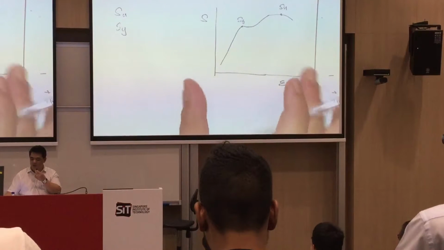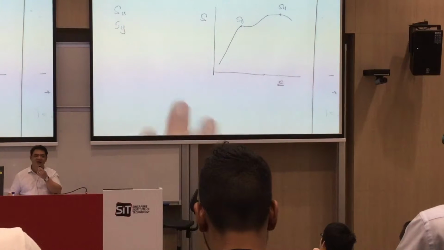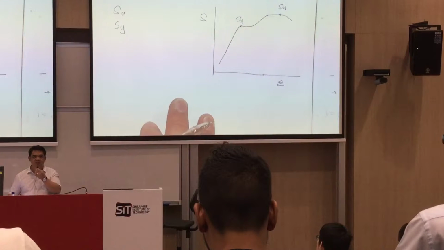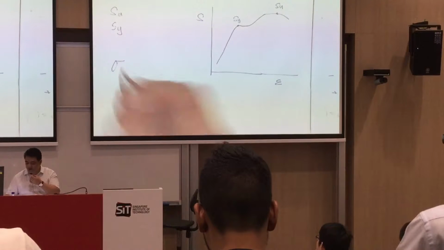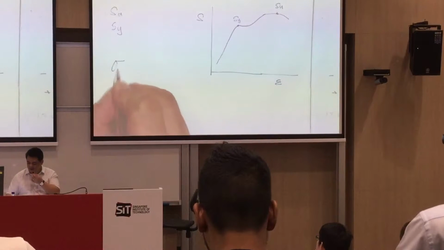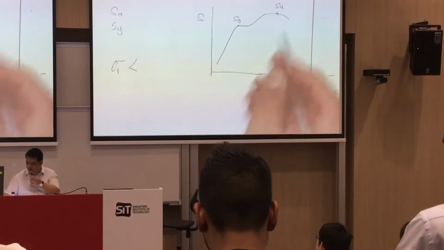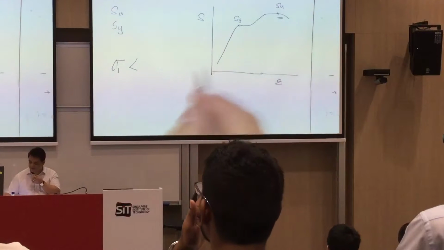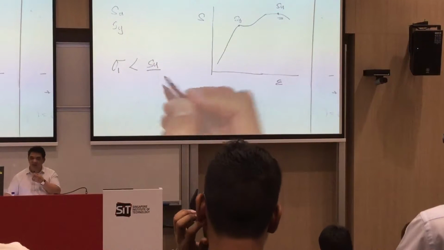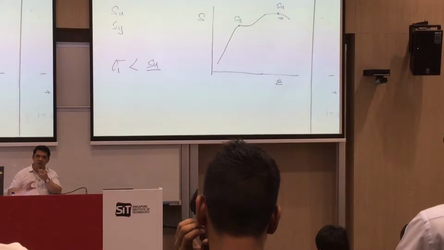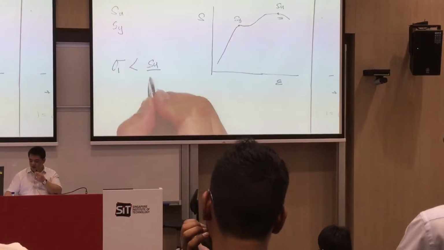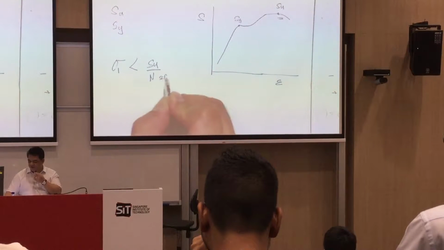So how do you bring this knowledge now to mechanics? It's simple, right? You get your principal stress if this one is lower than ultimate. Say if you're just doing a design and you don't want your design to fail, you have a safety factor.